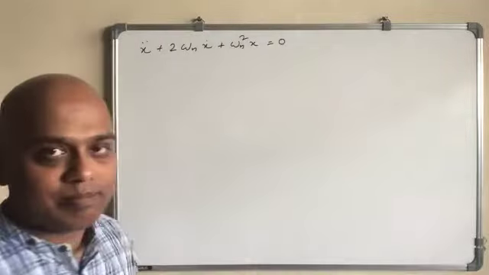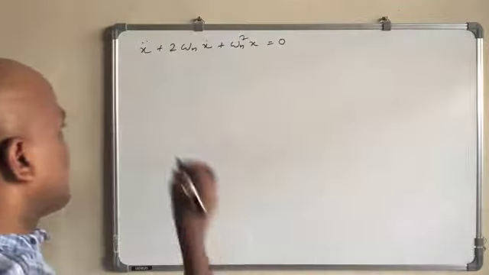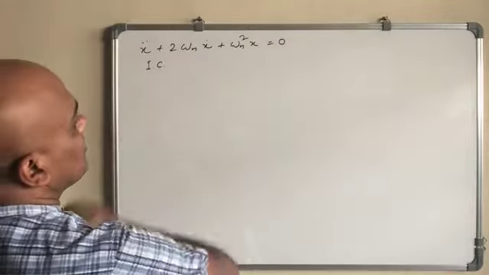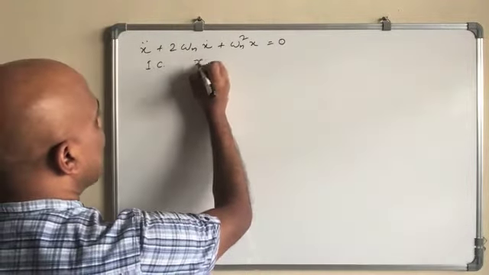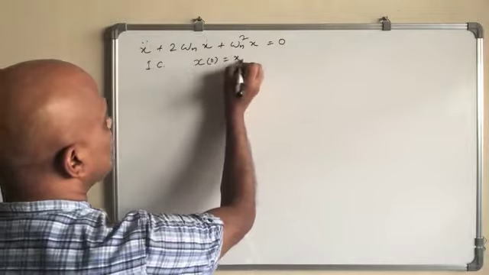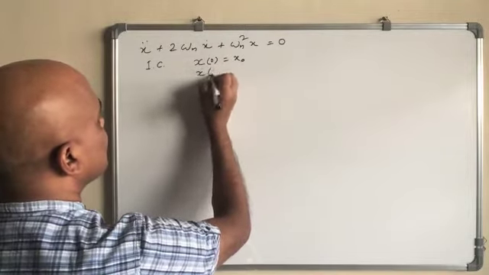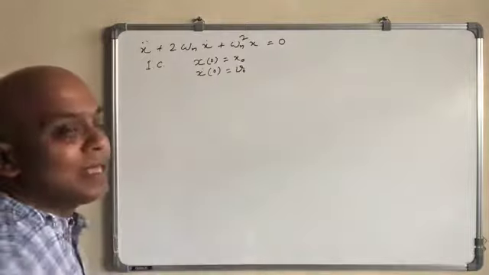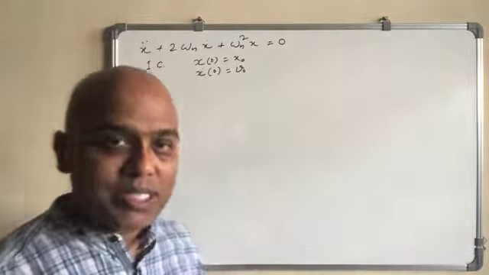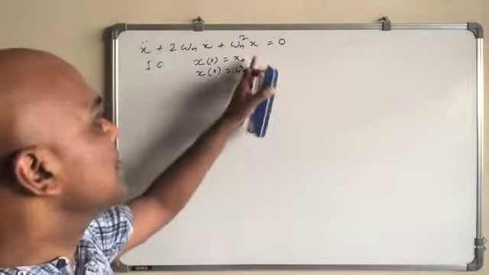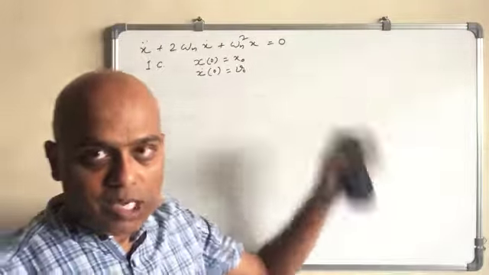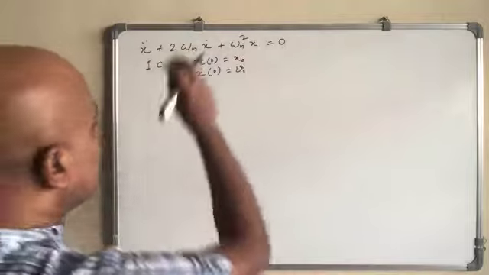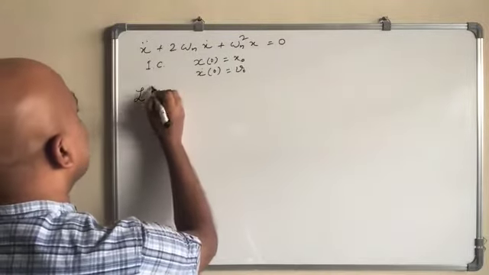The initial conditions given are x(0) equal to x naught and x dot (0) equal to v naught. They have to be given, because this is a second order differential equation, hence 2 initial conditions are required to exactly find the solution.